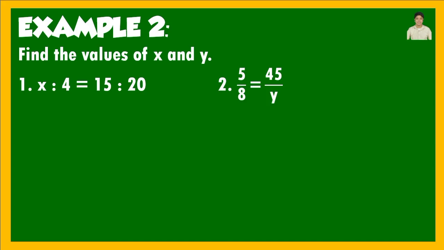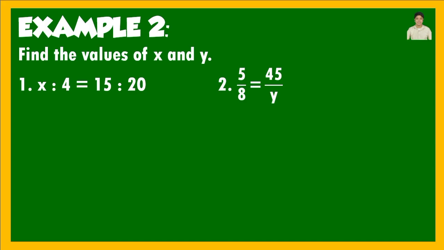Kailangan equal po yung products na makuha natin. So, minsan kasi kapag kukunin natin yung value nung nawawala, for as long as wala namang remainder, tama po yung magiging values ng x. Pero mas maganda pa rin na i-check natin using cross products.